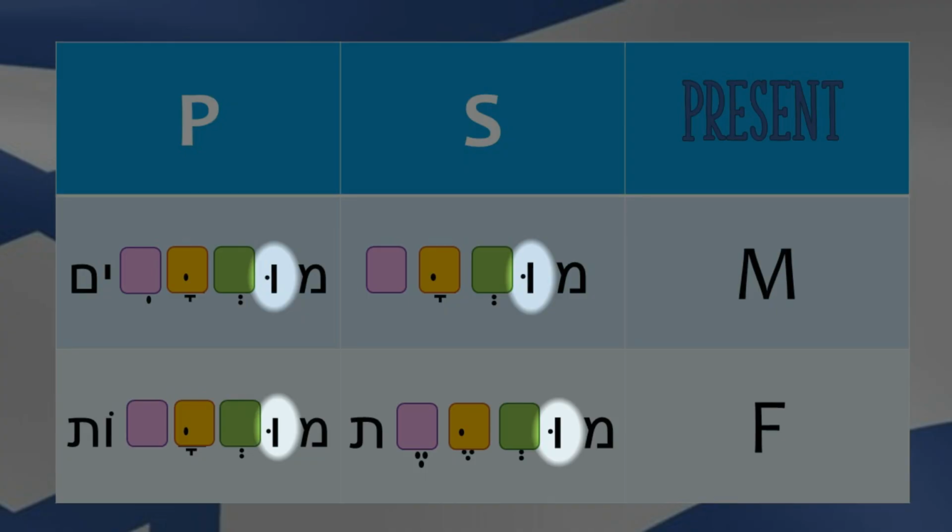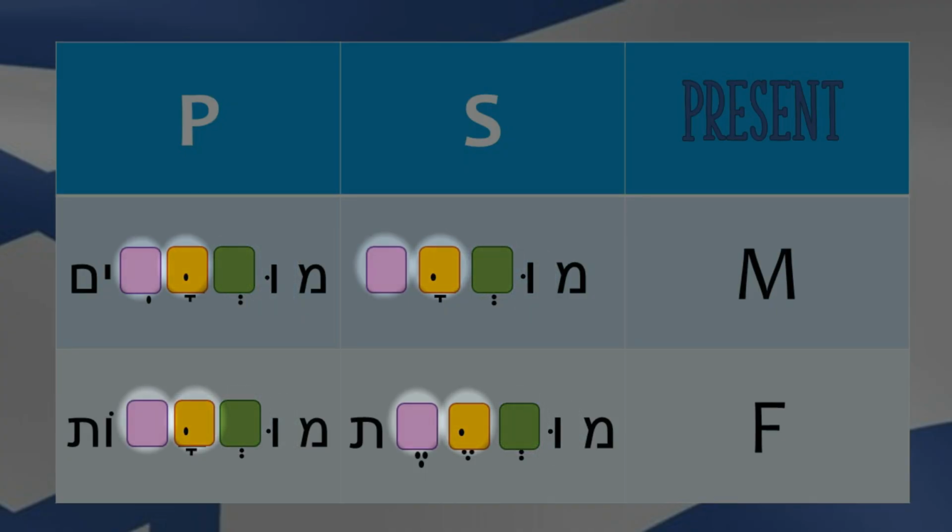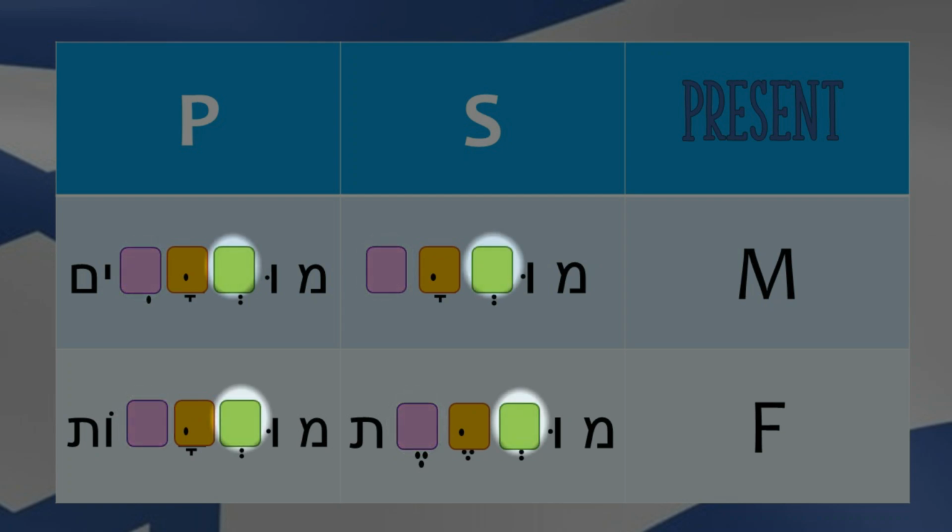And then they have the 3 shoresh letters. That first shoresh letter always has a schwa under it, so it doesn't get any vowel sound.